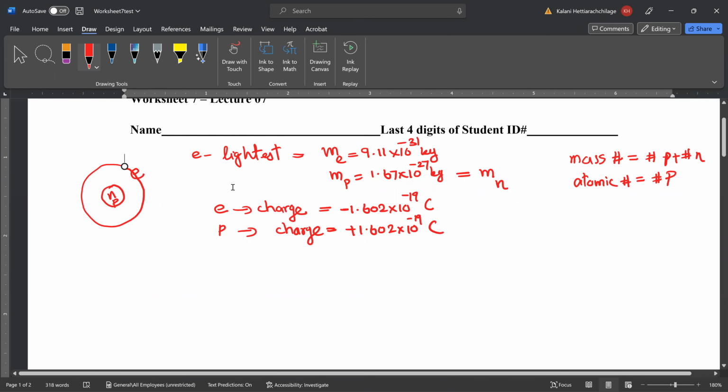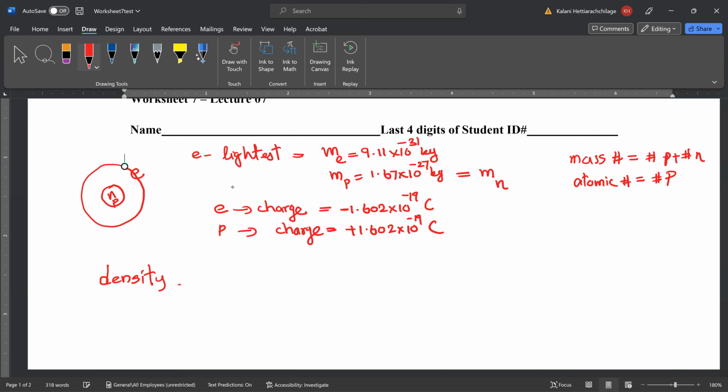And in addition to that, we definitely discussed density, right? Density of a material is defined as mass over volume, right? So you can see, if I measure mass in grams and volume in cubic centimeters, that will be the density units, not SI units, but the usual density units that we use for calculations.